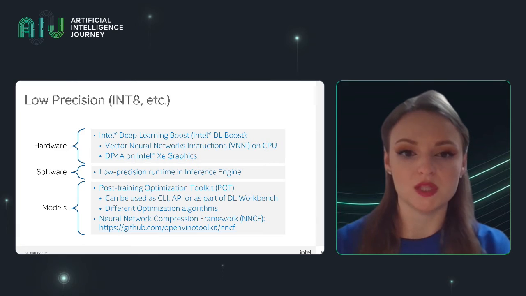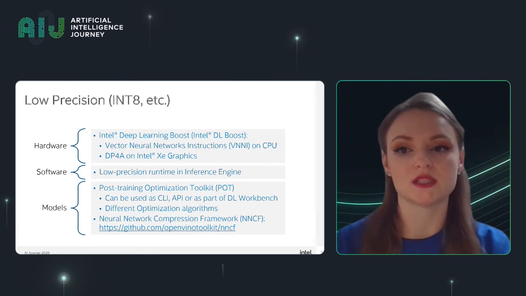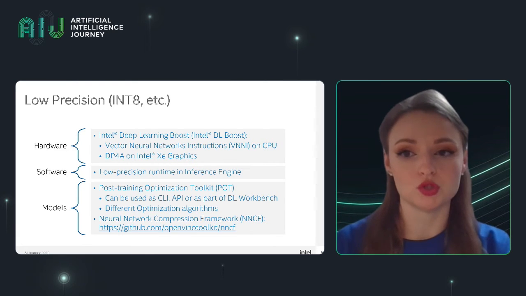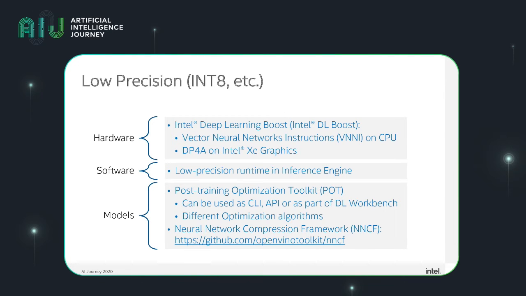From the point of view of software, we have a low precision runtime in the Inference Engine for computing with low precision, and besides operators and software. For instance, you have to convert your model into such a model. Then you can use the Post-Training Optimization Toolkit.